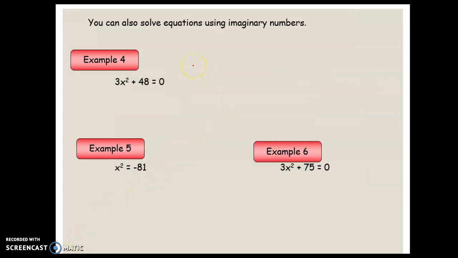All right, you can also solve equations using imaginary numbers. You just have to do what you're doing. Move it over. 3x squared equals negative 48. Divide by 3, and you get x squared equals negative 16.